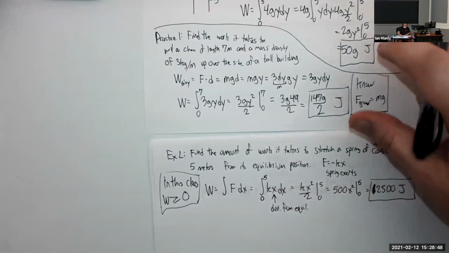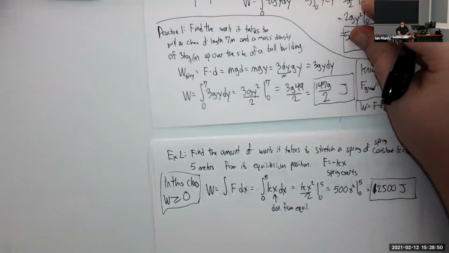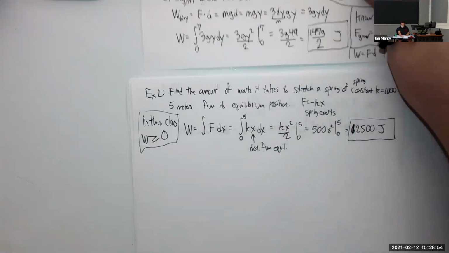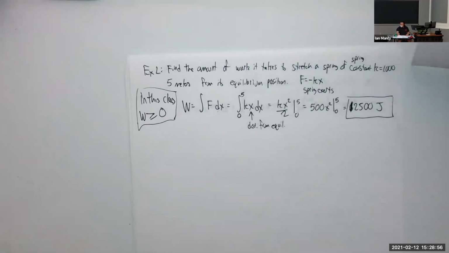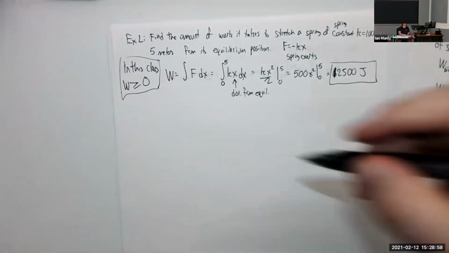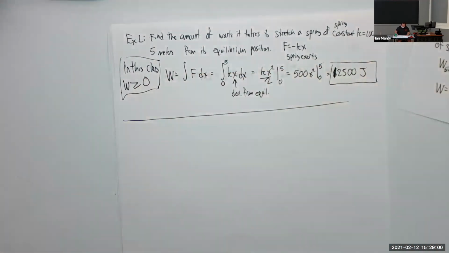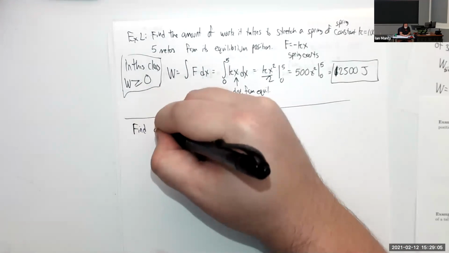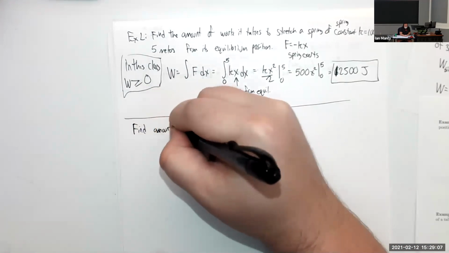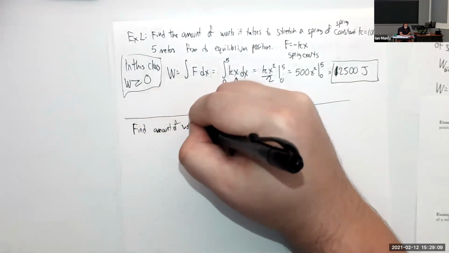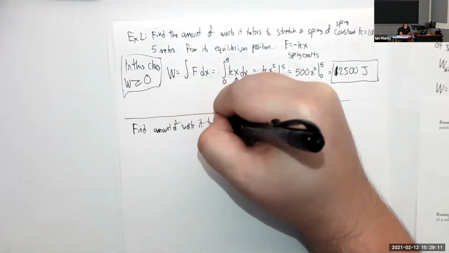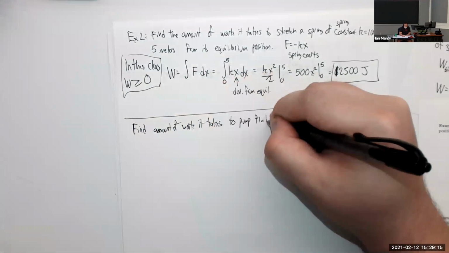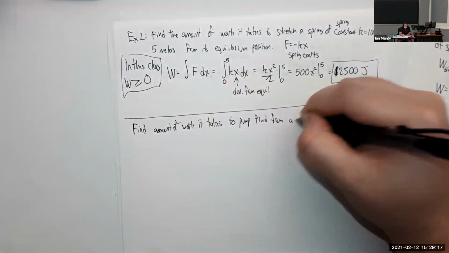What I really want to do is get to the last type of work problem that we're going to be doing here. Let's scooch this up. All right. So what we're going to do is find the amount of work it takes to pump fluid from a container.